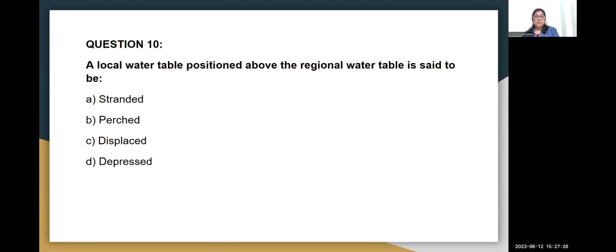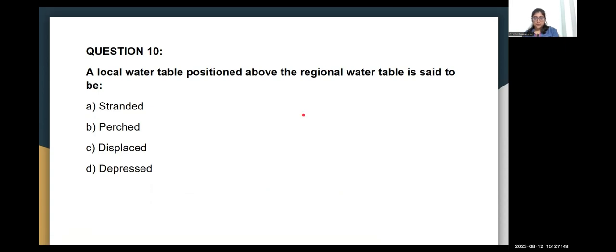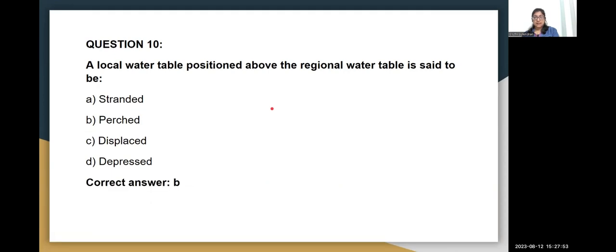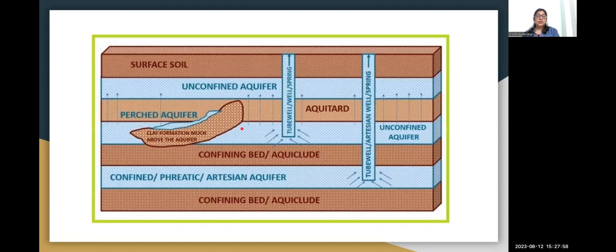A local water table that is positioned above the regional water table is said to be, what is it called? So this was one portion that we had discussed in detail in the last class, about the various geological formations called aquifer, aquitard, aquiclude, aquifuge.